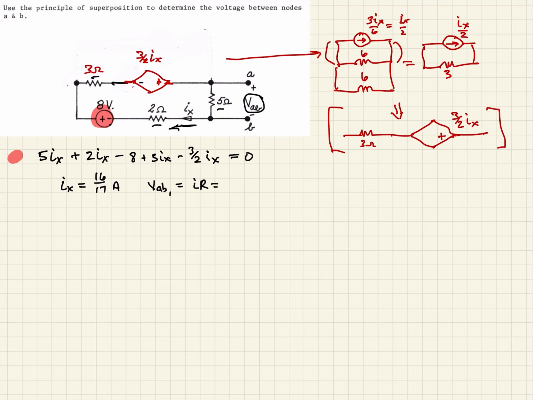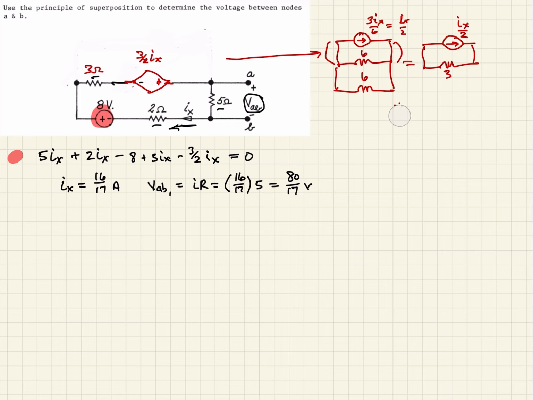Well, in this case, the I is ix, so that's 16/17, and the R is the 5 ohm resistor, so that's times 5. And so with that, we'll get 80/17. So that's the voltage drop when we just consider the 8-volt source. Okay, so now let's reset our circuit here, so we don't need any of this anymore.